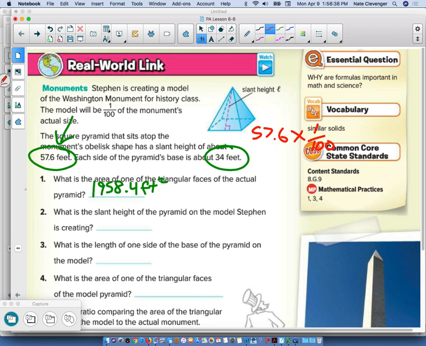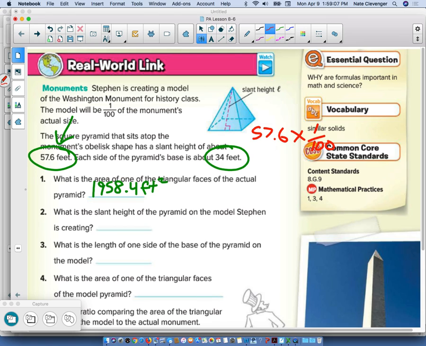So dividing by 100, how do we mentally divide a decimal number by a power of 10? What's the easy way to do the math on that? Move the decimal over the number of zeros.